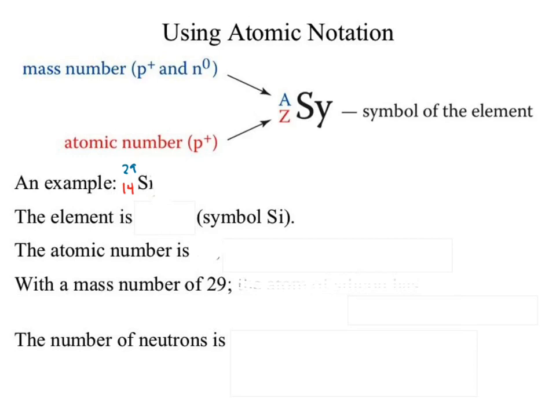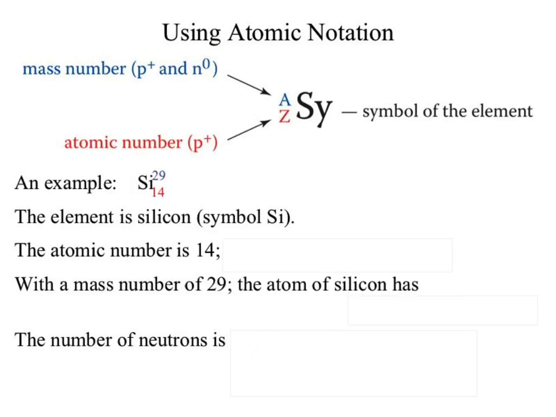A mass number of 29 means what? It's the number of protons and neutrons. So how do I figure out the number of neutrons? You know the number of protons because that's the atomic number. So we can take 29 minus 14, and we'd end up with 15 neutrons.